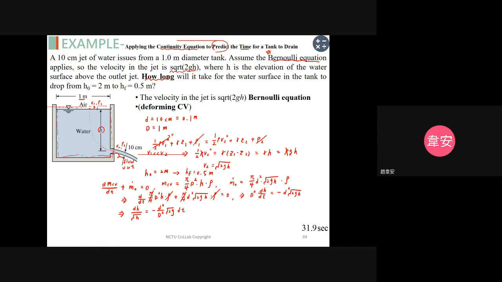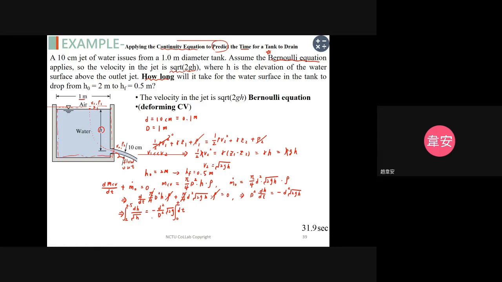And we process this problem with integration, and some parameters are not related to time, so the integration operator I can put here. We know that the depth decreases from 2 meters to 0.5 meters, and the time is initially 0 and there is our final time.